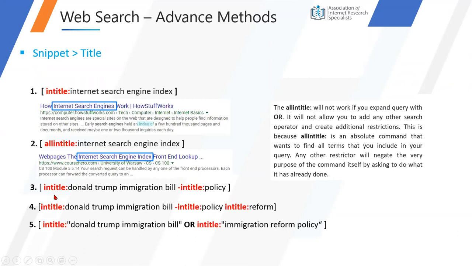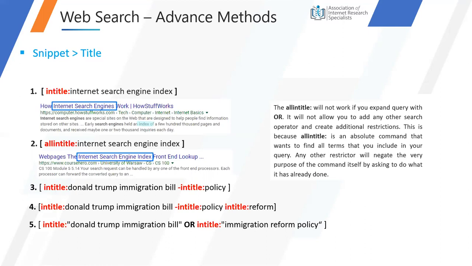Another way in which you can use in title is with the minus sign. Say you need to discover something in the title portion that has the main caption like Donald Trump immigration bill, but your results are turning up information about the policy, and anything that has the word policy in it is not what you need.